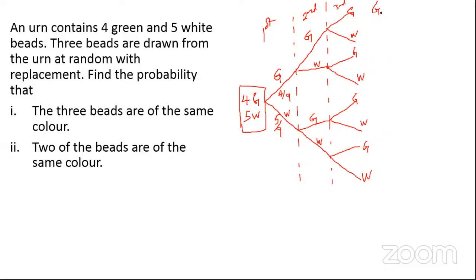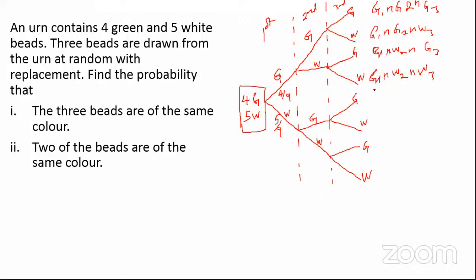So this would be G1 intersection G2 intersection G3. We can do that for the rest. So G1 intersection G2 intersection W3. Then G1 intersection W2 intersection G3. Then G1 intersection W2 intersection W3.